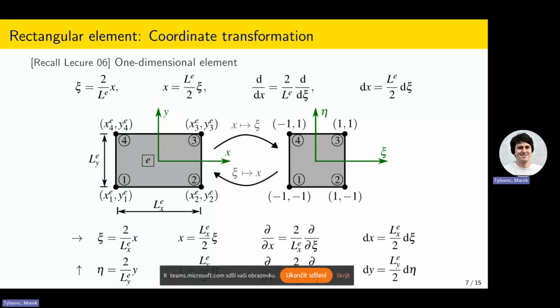Why do we do it? It's actually because of numerical integration. Again, I think you did it already, the Gaussian integration, and it's very convenient to have a predefined, fixed-size domain. So that's why we do the mapping.